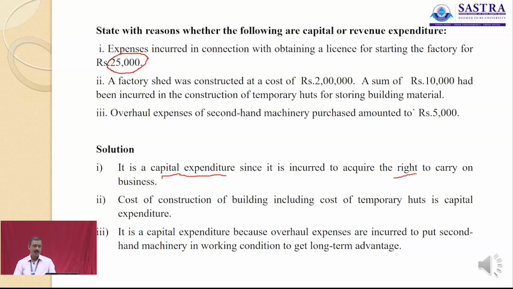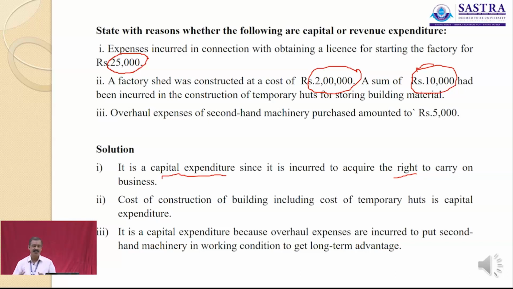Go to the second. A factory shed was constructed at a cost of rupees 2 lakhs. A sum of rupees 10,000 had been incurred in the construction of temporary huts for storing the building material. So analyze this transaction.